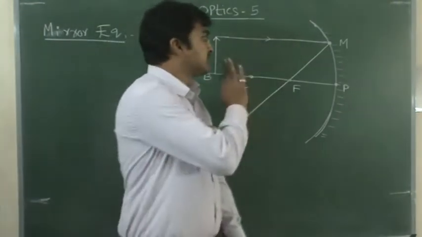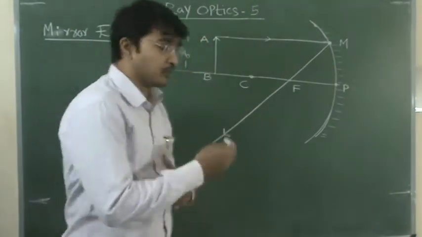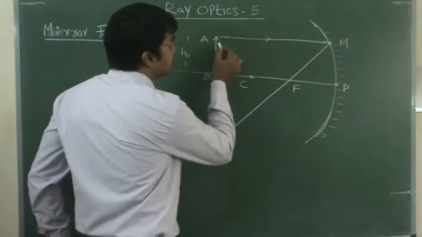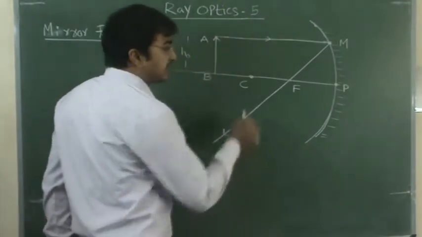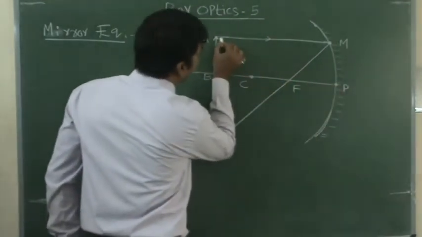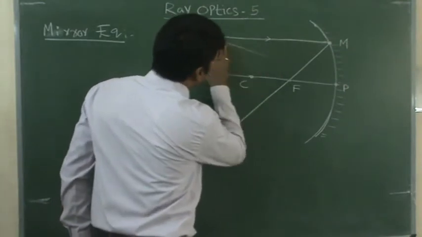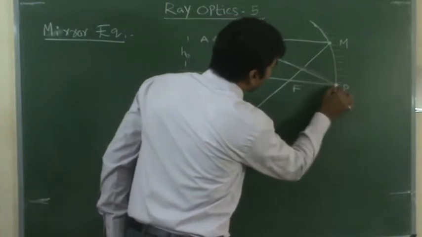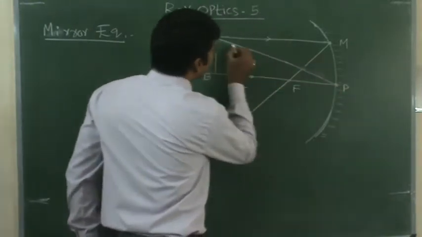I am taking one more ray, which starts from A and is incident at the point P. So this is the second ray I am taking.